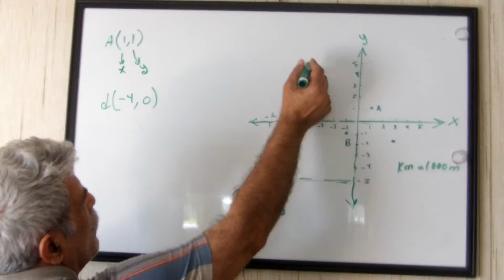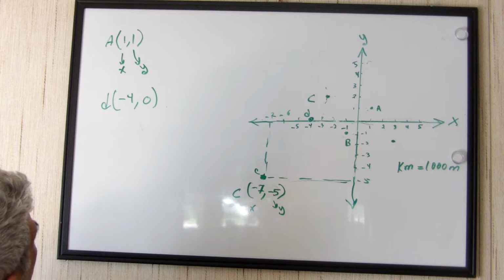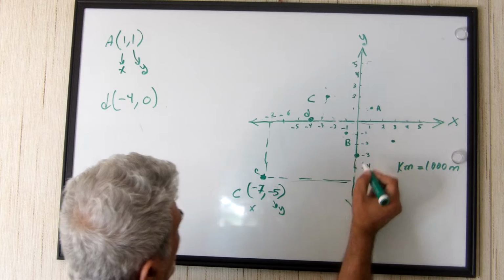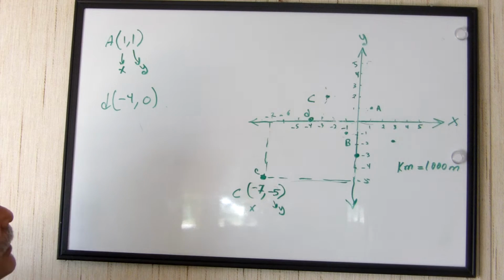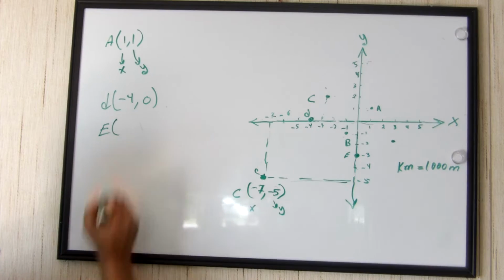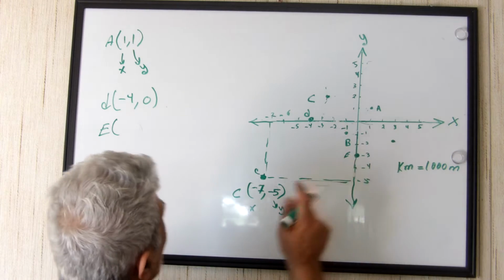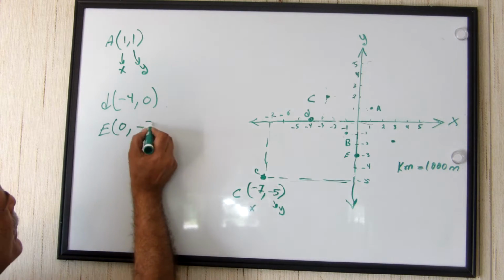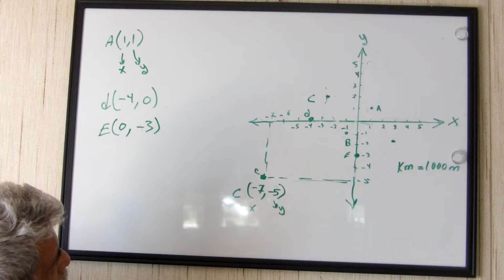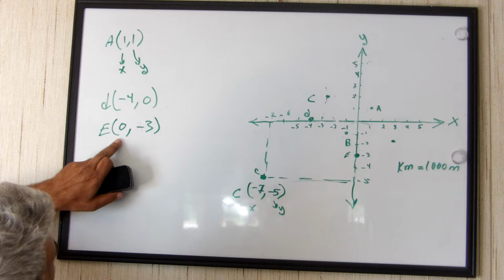Then another point here, point E. Point E has y of -3, but it doesn't have x, so it is 0 and -3. It has an x coordinate and a y coordinate.